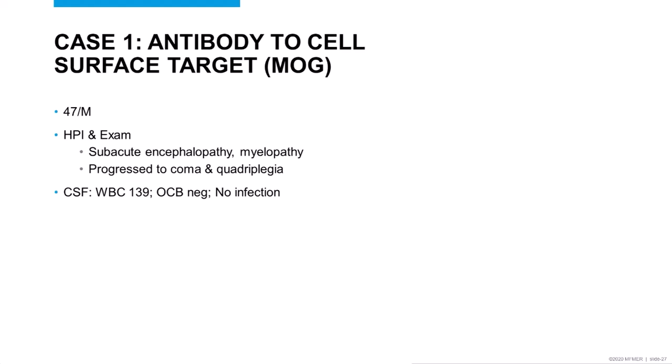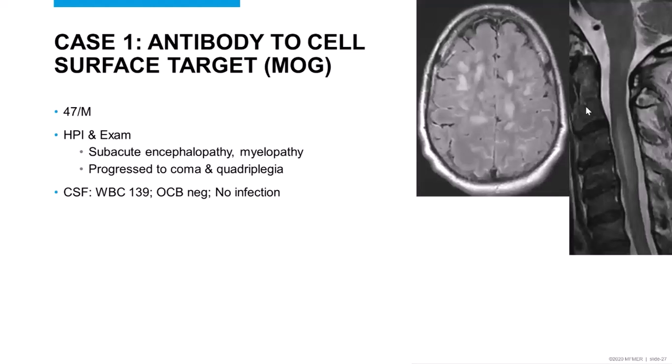So very sick, really as sick as a neurology patient can get. He had an inflammatory spinal fluid, but no oligoclonal bands. The brain MRI showed white matter changes in keeping with ADEM. It also involved the spinal cord, which can occur with ADEM, with a somewhat longitudinally extensive lesion, or maybe an incomplete longitudinally extensive lesion here.